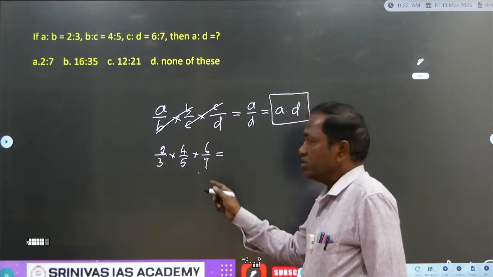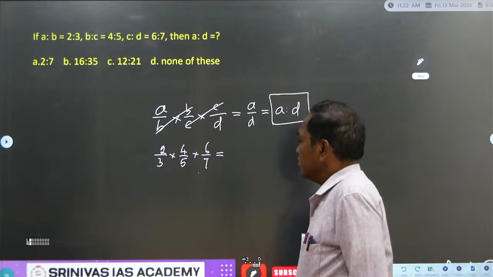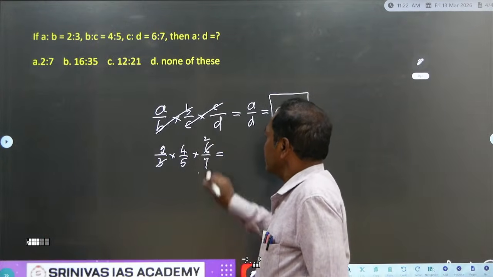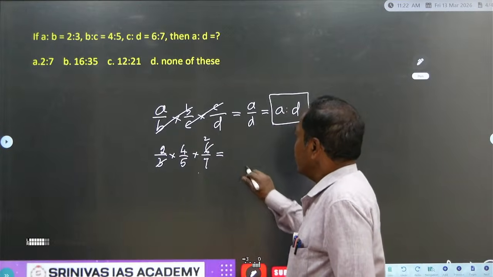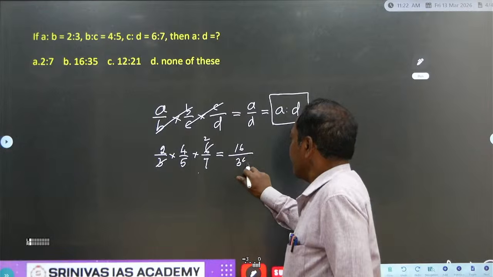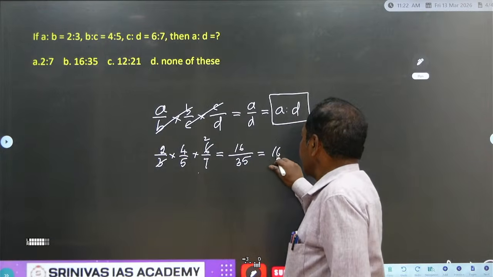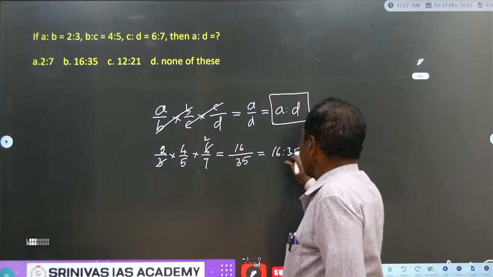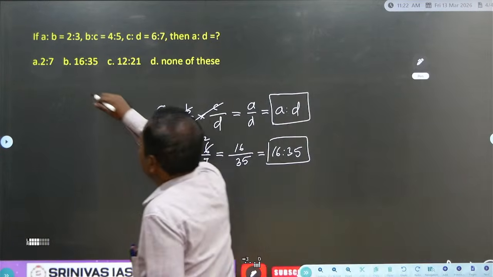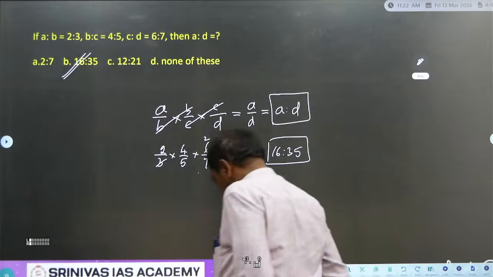There is no possibility. Only for this one, 3 ones, 3 twos. That's all. No? 2 into 2, 4, 4, 16. 16 by 35. So 16 is to 35. So that is 16 is to 35, option B.